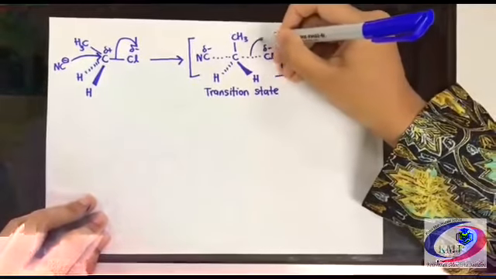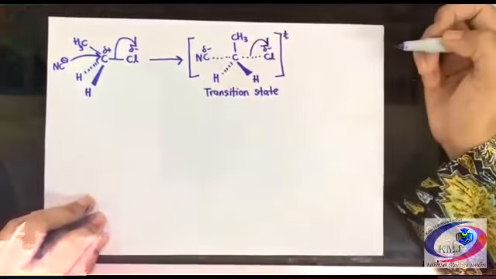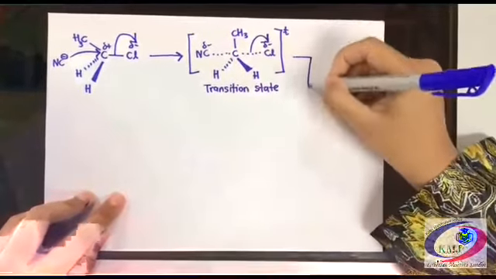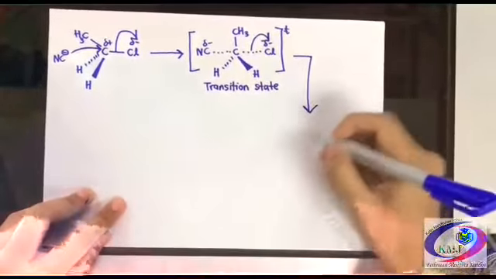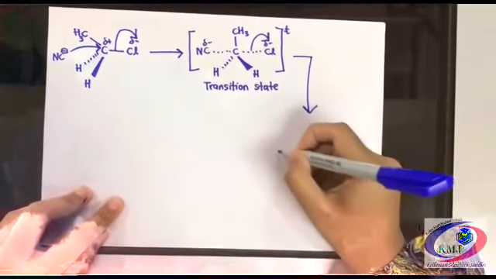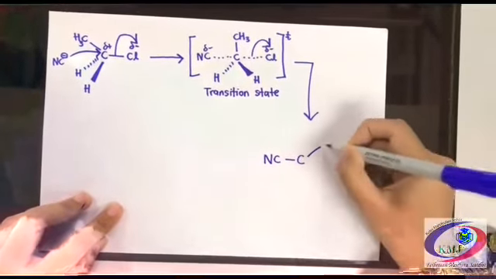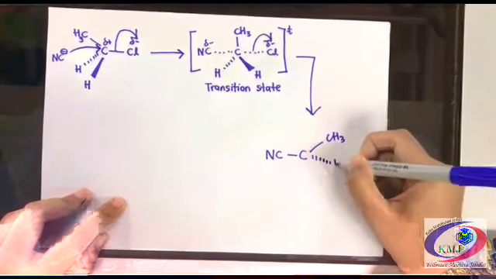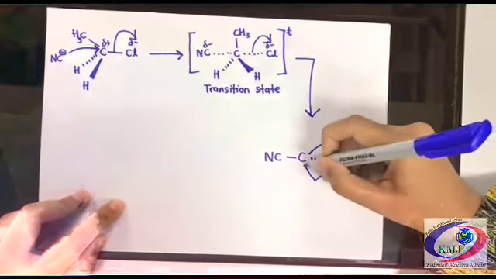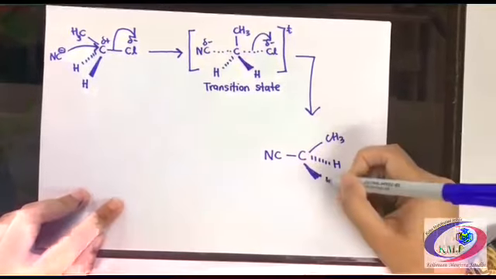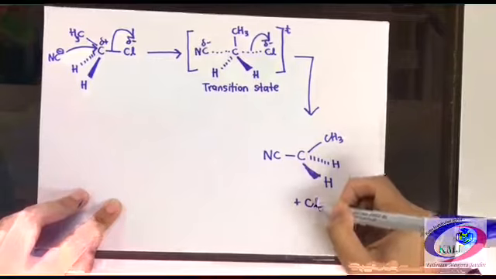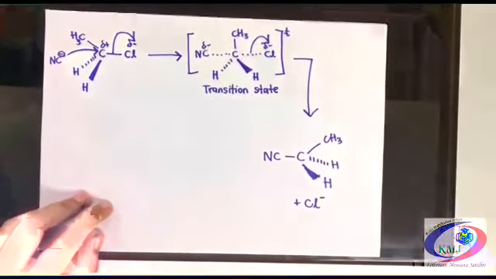After the bond breaking, CN will be fully bonded to the carbon and form an inverted conformation, plus Cl minus. So this is our final product for this mechanism.